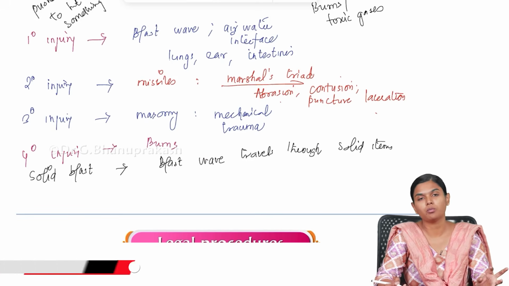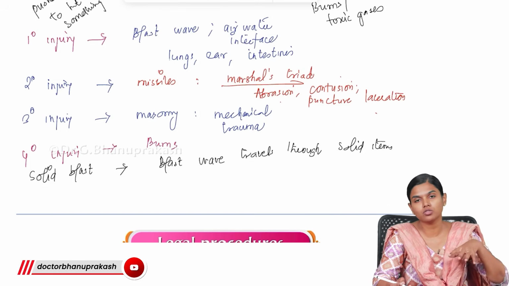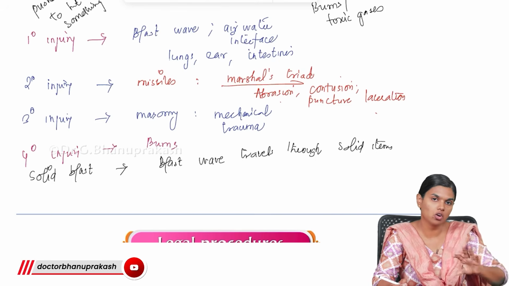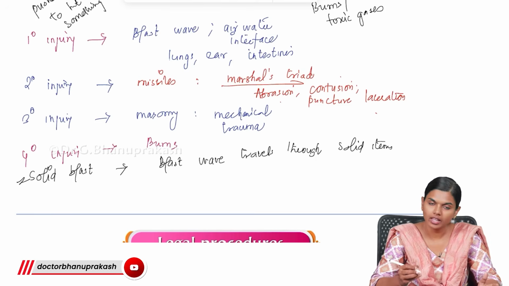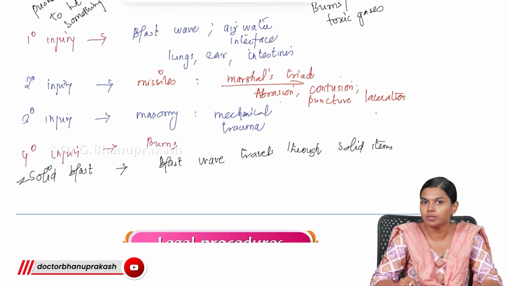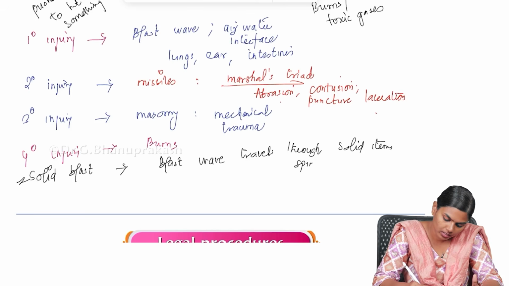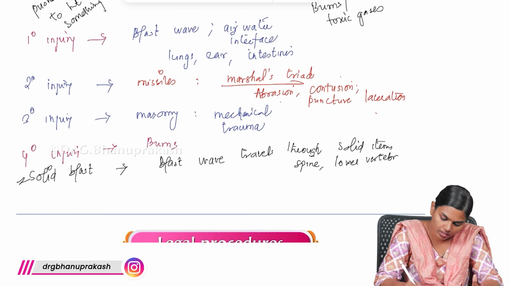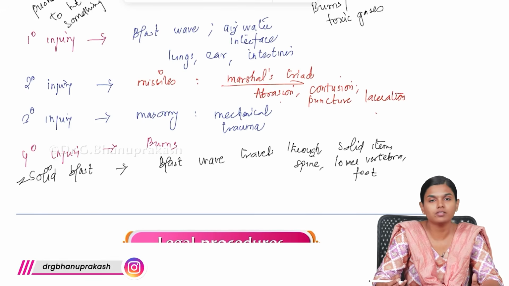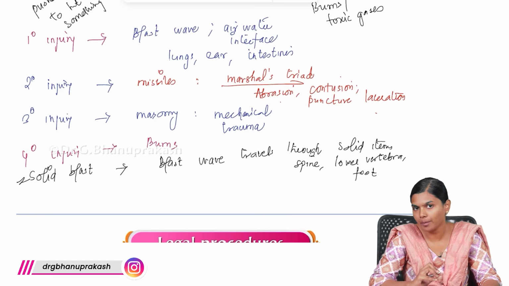Like it will pass through some wall, it will pass through some floor, like that. That is solid blast. Here the damage is usually done to the spine, your lower vertebra and foot. This is where the primary damage happens.